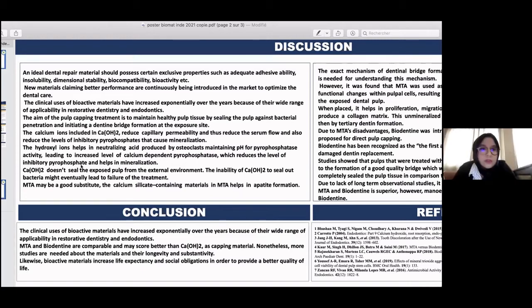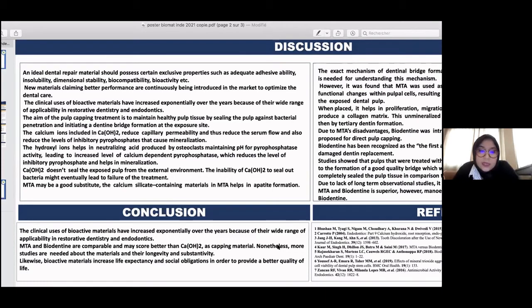Thank you. So the aim of the pulp capping treatment is to maintain healthy pulp tissue by sealing the pulp against bacterial penetration and initiating dentin bridge formation at the exposure site. The calcium ions included in calcium dihydroxide reduce capillary permeability and thus reduce the serum flow, and also reduce the levels of inhibitory pyrophosphates that cause mineralization.